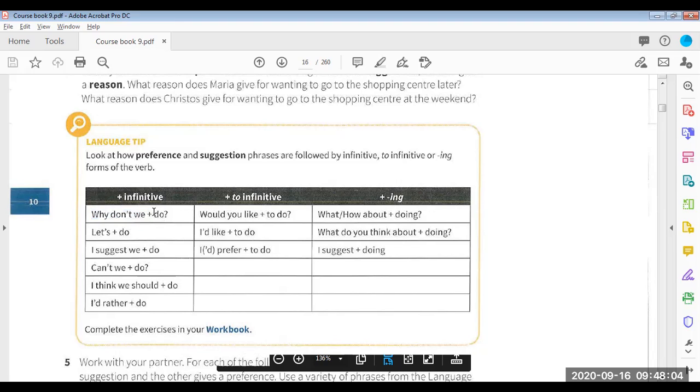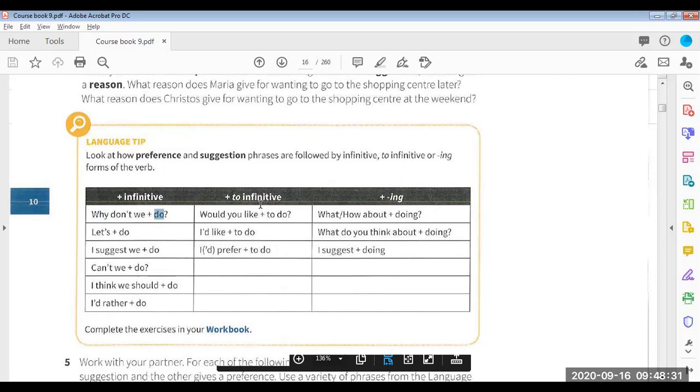This is the example verb, do. Do is a verb. This is the example, like why don't we do. You can also write here why don't we go. You can also write here why don't we drink. So you can use any base form of the verb in this structure.